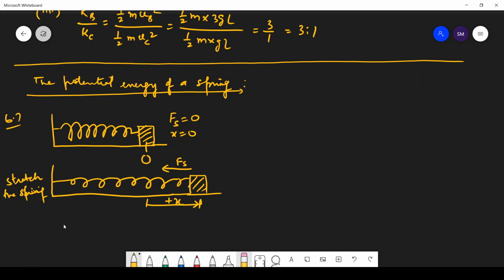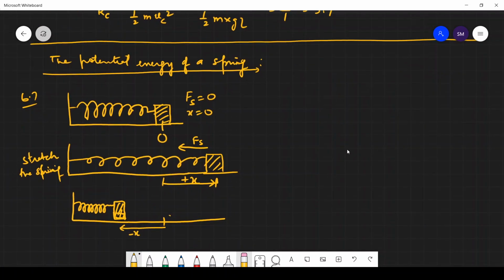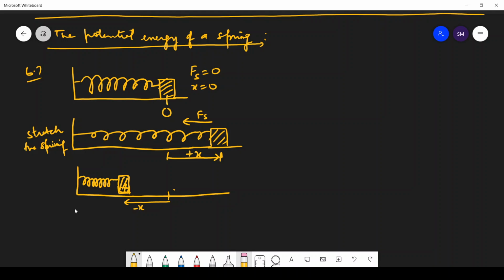Now let us see the case in which this spring was compressed. So now I have moved here, negative x. The displacement is negative x. Now tell me the direction of force here. Where does this spring want to push this back? Yes, this is the direction of spring force.